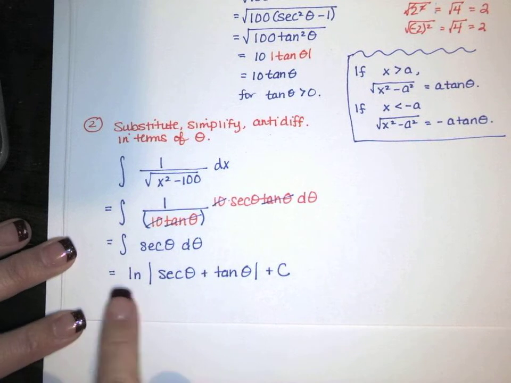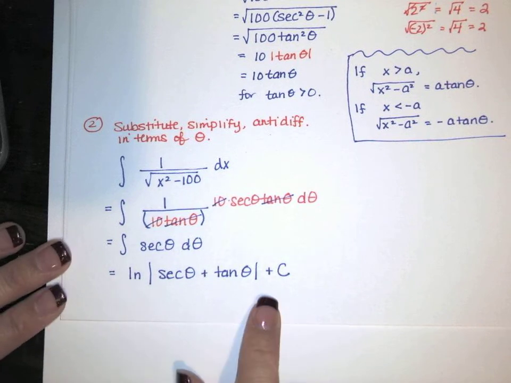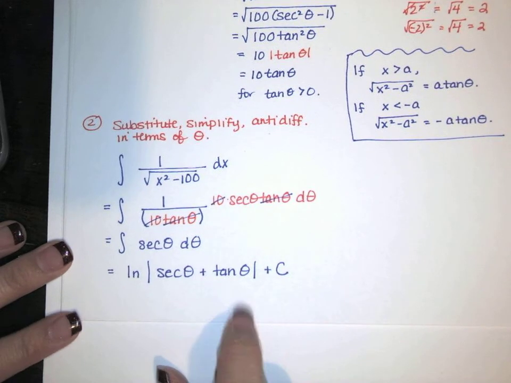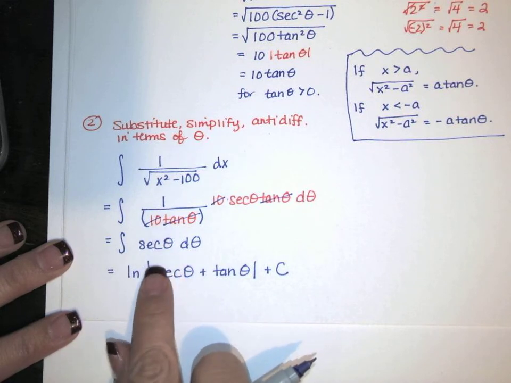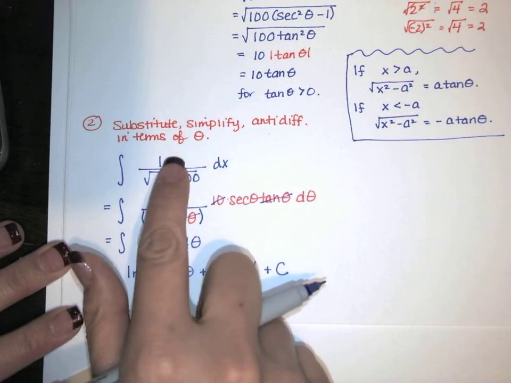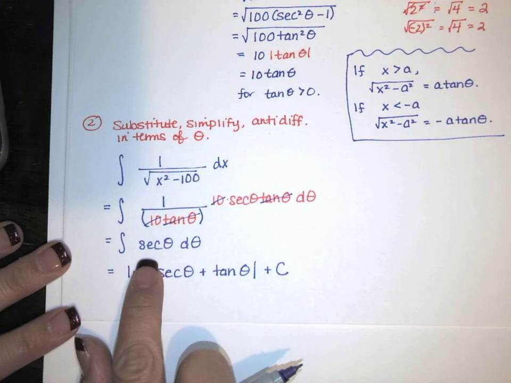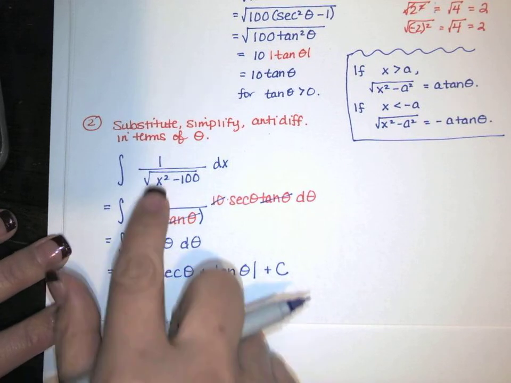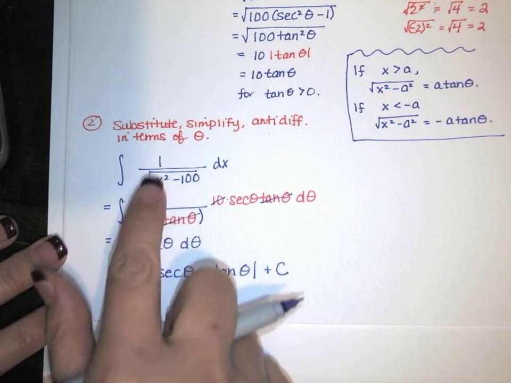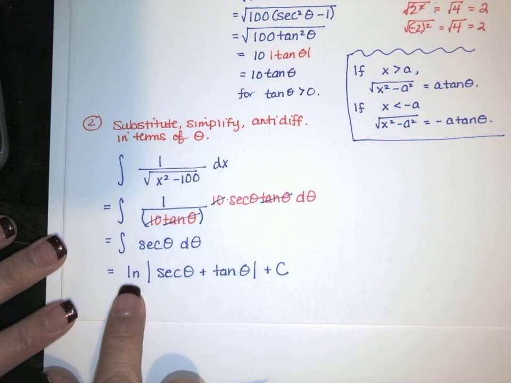Now at this point I want this final answer in terms of x, not secant and tangent. Theta was just some variable that we made up in order to be able to anti-differentiate this. I didn't know the antiderivative of this, but I sure do know the antiderivative of secant of theta. So this substitution made it possible for me to get rid of that integral and get to the answer.